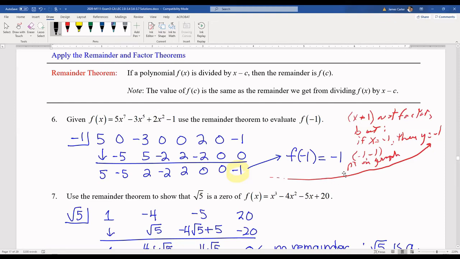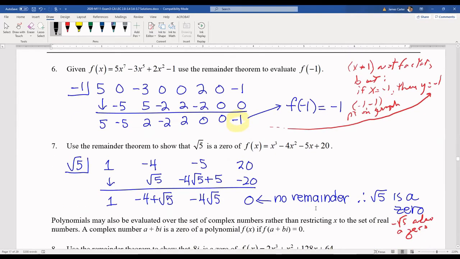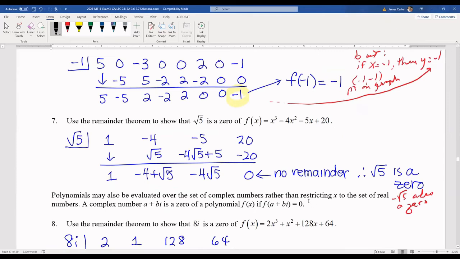So the point 1, negative 1 is a point on the graph. That's what that's saying. You can always take this divisor and any remainder, and that will be a point on the graph of this particular equation. That's the remainder rule or remainder theorem.